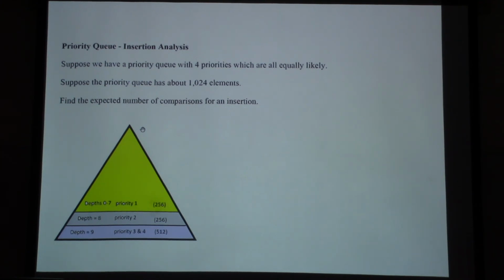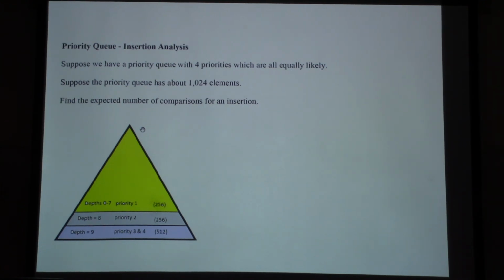If it's a 4 element, it's going to swap all the way through here, and all the way through here, and possibly all the way through here. If it's a 3, it's still going to do a very similar kind of thing.